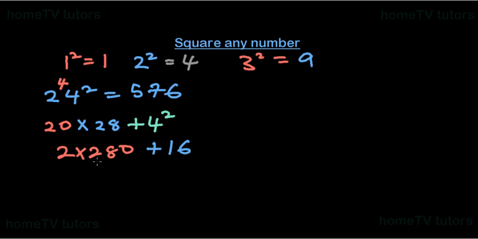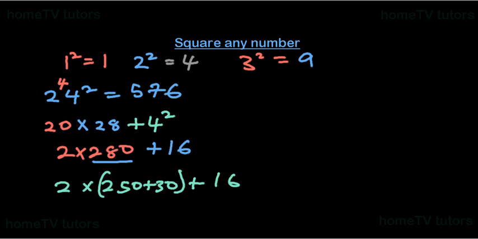We can break this 280 down, because we're doing everything mentally. We're not using a calculator. So if we break that down, we have 250 plus 30, isn't it? 250 plus 30 is 280, right? Okay, so you put that in bracket.